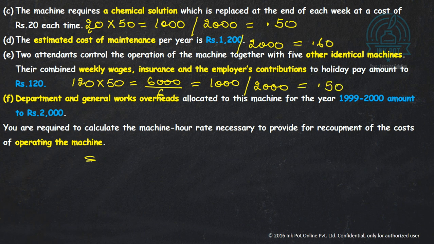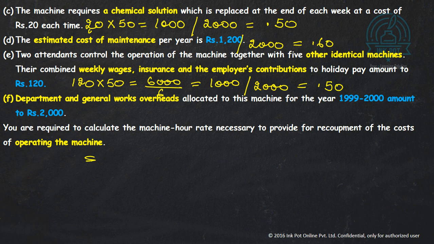Now, the departmental and general overheads allocated to this machine for the year is 2000. Here we are not going to divide it by 6, because these are the general overheads allocated to this particular machine only. Unlike the wages, which were for 6 machines, that is why we divided by 6, since there were 5 other identical machines.